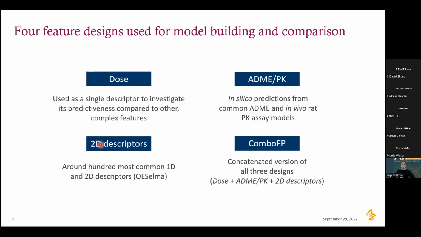Very classical proxy structural fingerprint descriptors, such as the 2D descriptors and 1D descriptors that we call OS-Selma, were used as well. And at the very end, we combined all three to see how a concatenated version would behave in terms of performance compared to the others. We termed it combo FP.